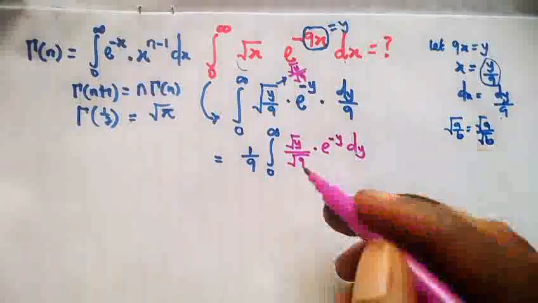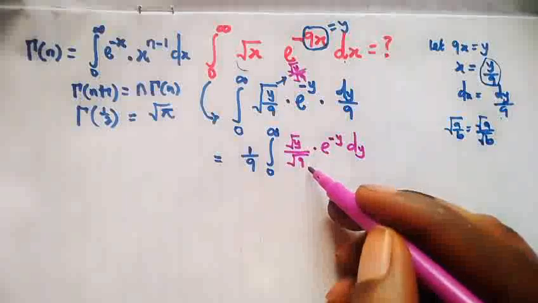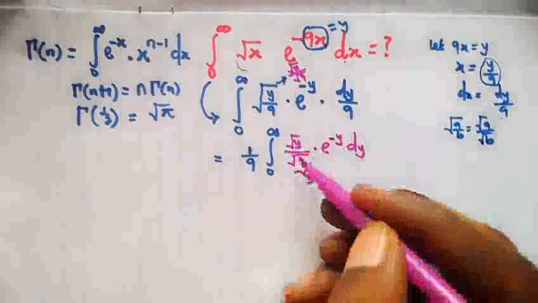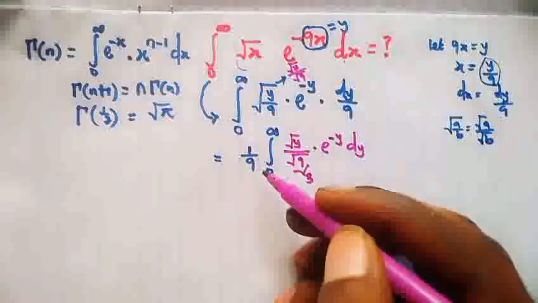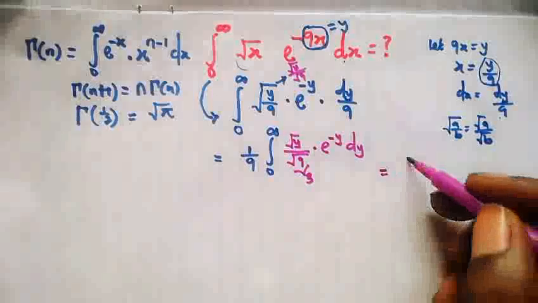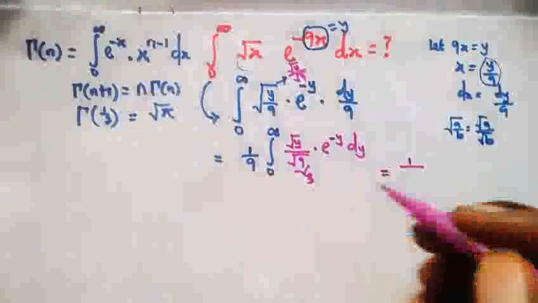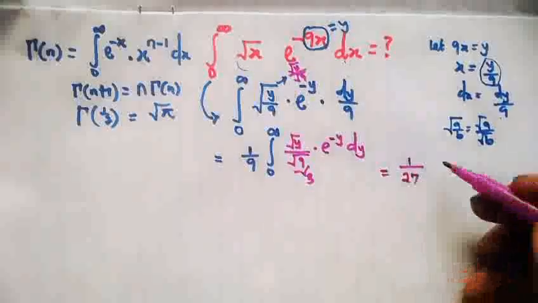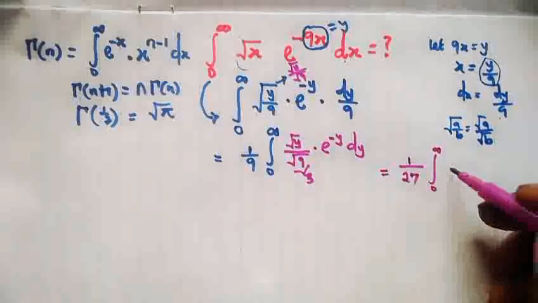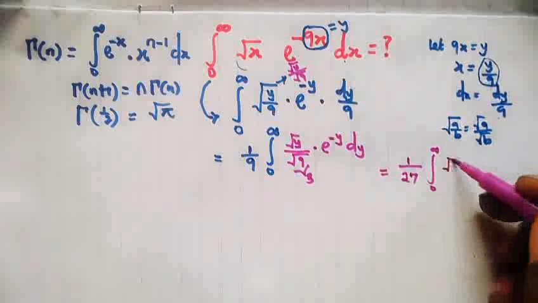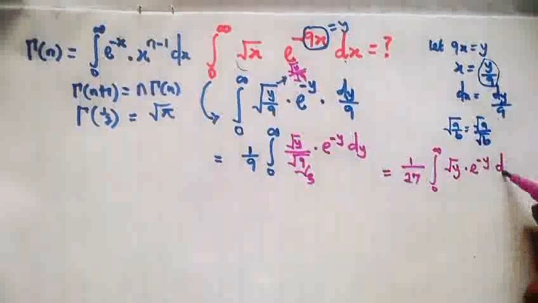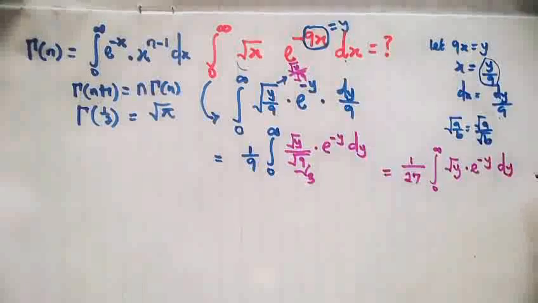Now the square root of this 9 here is 3, as you know, so this is 1 all over 3 and we're taking it out of the integral sign. So this is becoming 1 all over 9 times 3, that is 27, times the integral from 0 to infinity of the square root of y times e raised to power negative y dy.